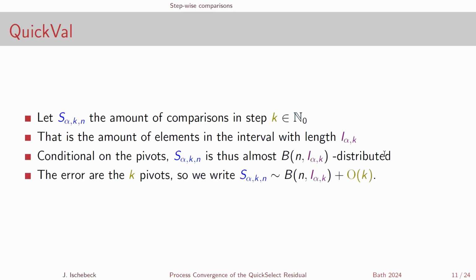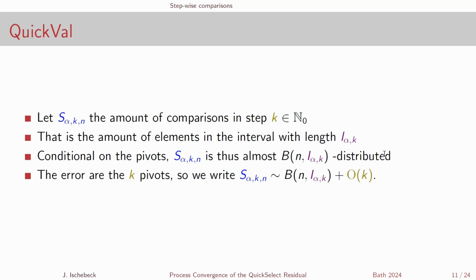If we now condition on the pivots, that is conditioning on where the intervals now lie, we have that S_alpha,k^n is almost binomially distributed, but we have some error that we make because we conditioned on the pivots. In step k, we have had k pivots until now, so we have made an error of order O(k).